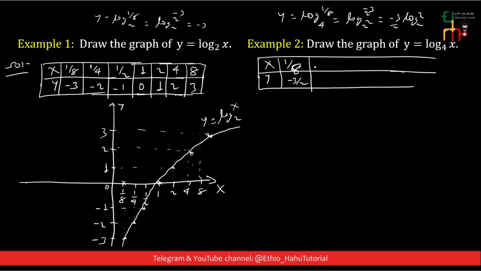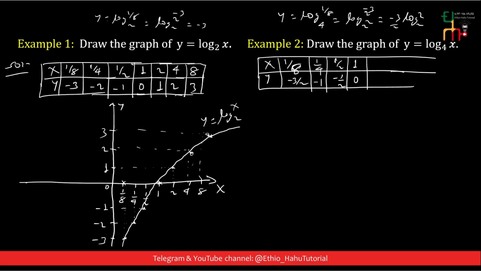When x is equal to 1 over 4, y is minus 1. And when x is equal to 1 over 2, logarithm of 2 to the power of minus 1 to the base 4 means 2 to the power of minus 1 over 2. When x is equal to 1, y is 0.